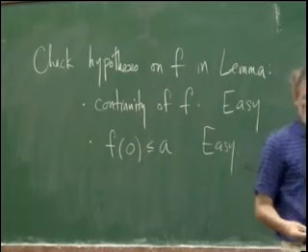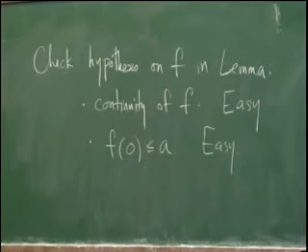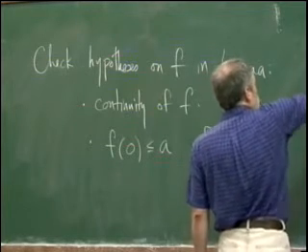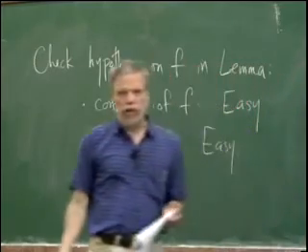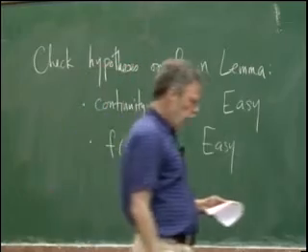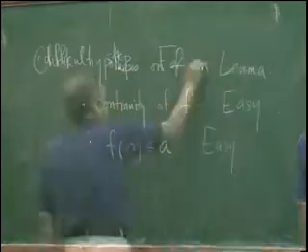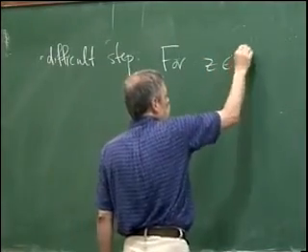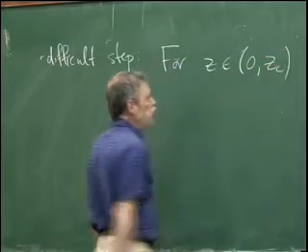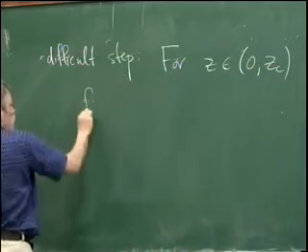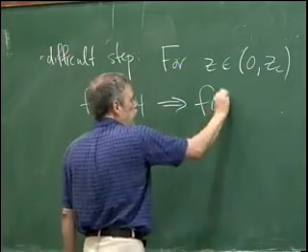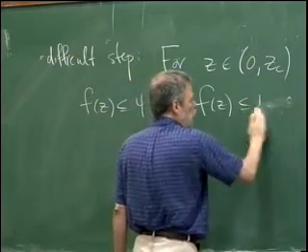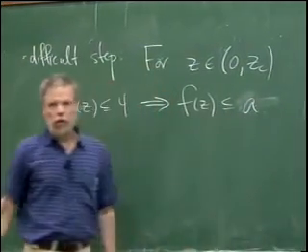It's the other hypothesis on f that is the significant one. So the difficult step, where you actually have to do some work, was that surprising hypothesis in the lemma. What we need to show is that for z between z1 and z2, which for us is 0 and zc, if f is less than or equal to 4, then it's actually less than or equal to a, which is a little bit bigger than 1.